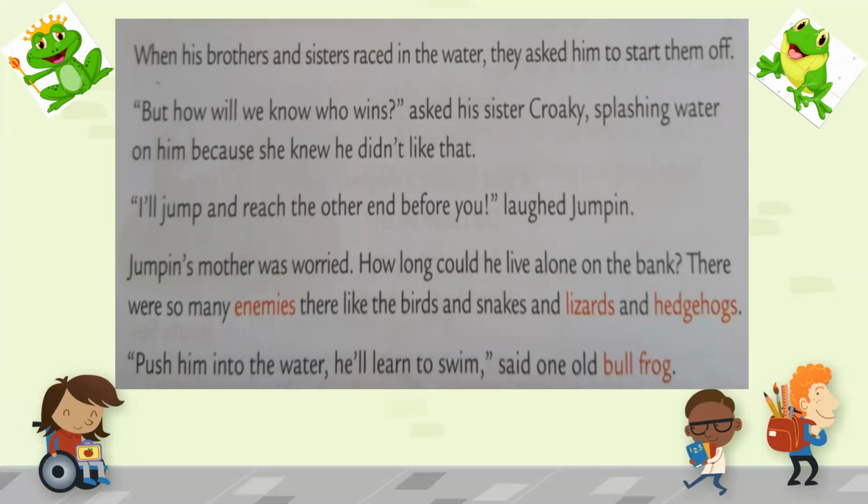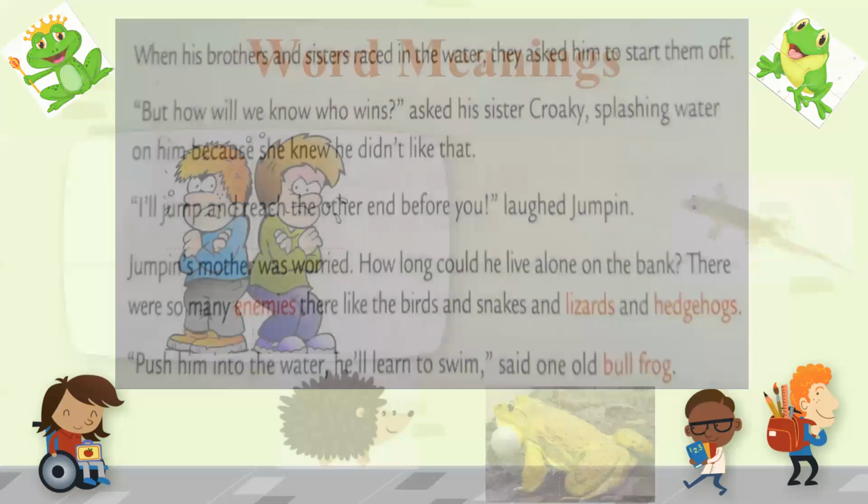That was a big thought which was always irritating the mother. And one of the frogs, the old bullfrog, gave a suggestion. Why don't you push him into the water? Then automatically he will learn to swim because he has to survive, he has to live. Then quite naturally he will start learning swimming also. Just push him into the water. So this was the idea given by the old bullfrog.